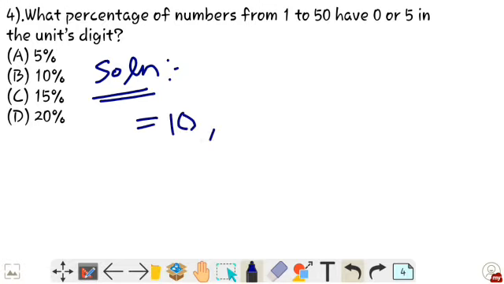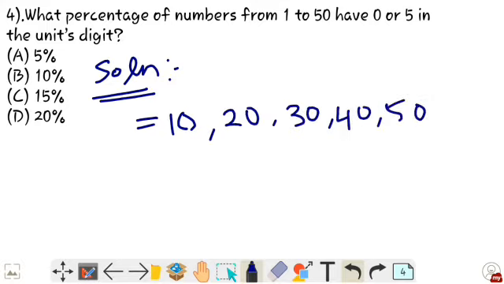The numbers are 10, 20, 30, 40 and 50. These numbers have 0 as the unit digit, so 5 times.